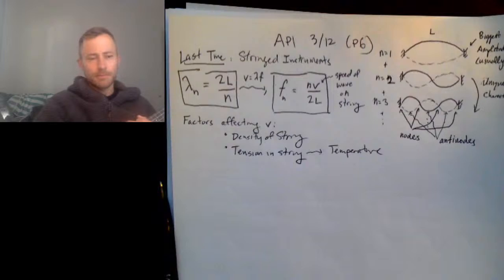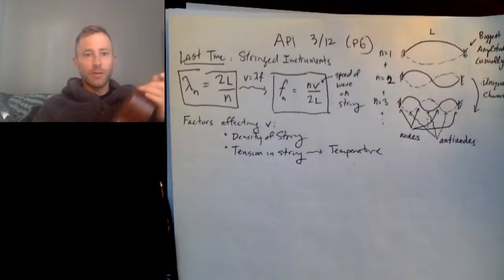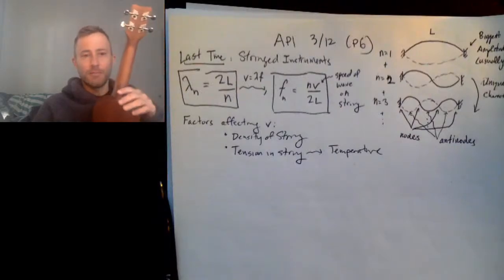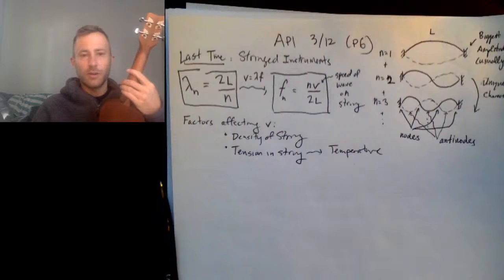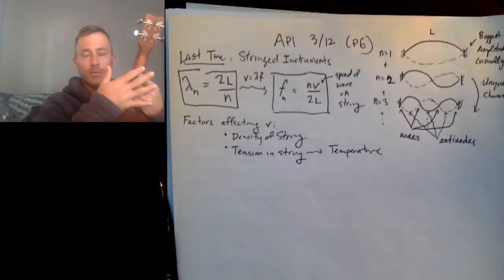The other thing is even moisture content can affect the wave speed. So, for example, if you have a guitar and you take it to a very humid environment, well, the wood in the guitar is going to absorb some of the moisture from the air.